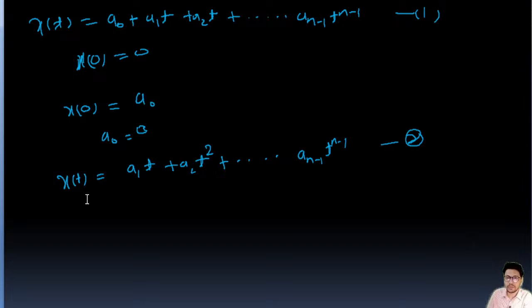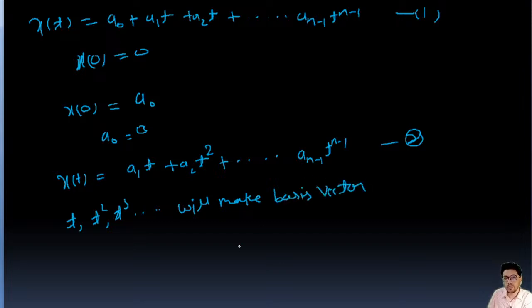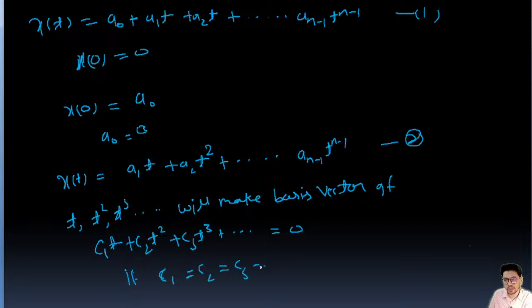Now we know the condition for being a vector space, right? That t, t², t³, so on up to t^(n-1) will make basis vectors if c1 t + c2 t² + c3 t³ + so on equal to 0, and if c1 = c2 = c3 = so on = 0, these values should be 0, right?